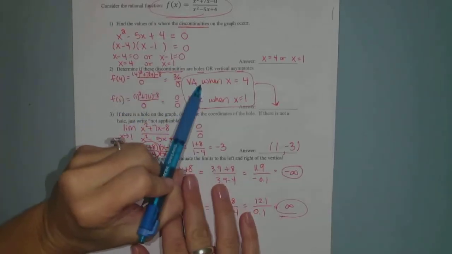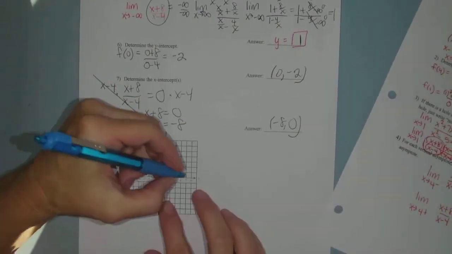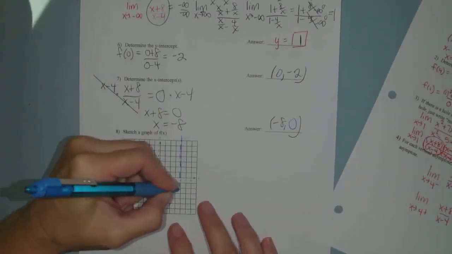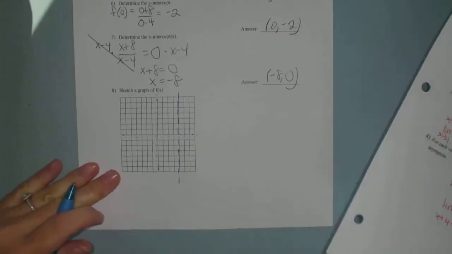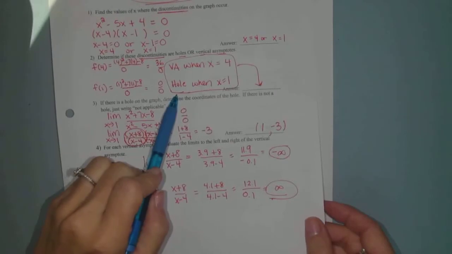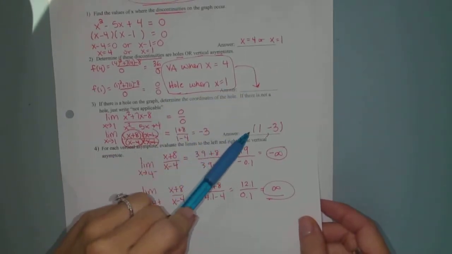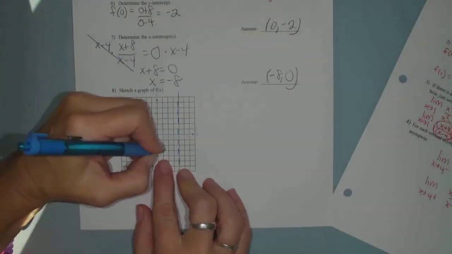We have a vertical asymptote when x is 4. So let's go to x equals 4 and draw a vertical asymptote. We also found that we have a hole when x is 1, more specifically when we have the coordinates 1, -3. So we're going to go ahead to 1, -3 and put our hole.